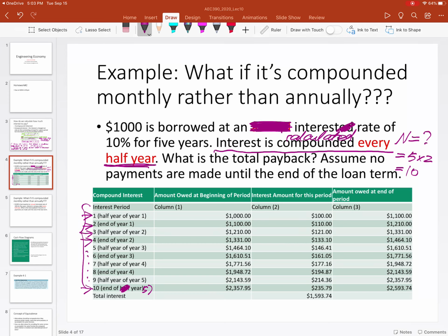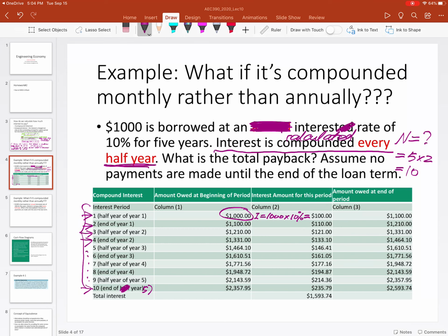Okay, now the other things stay the same. At the beginning, you borrow this much, and because this is a compound interest, every time you need to calculate your interest. So your I for the first period will be 1,000 times 10%, which is 100.